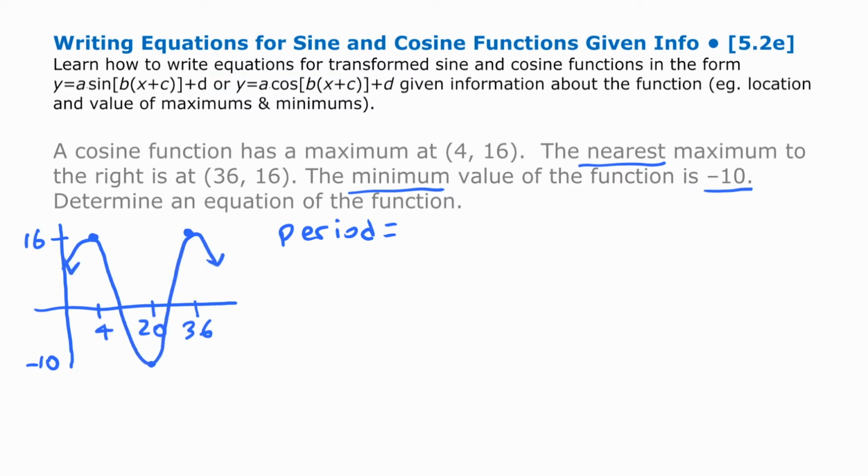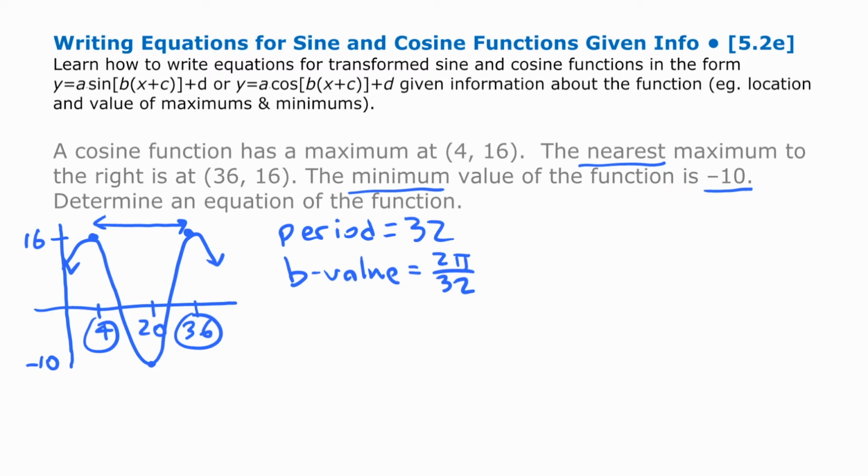So you have one cycle of the curve between those maximums. So this distance is 36 minus 4, or 32. So if the period is 32, the b value is going to be 2 pi over 32. You can reduce it to pi over 16 if you want, but I'm going to leave it like that.